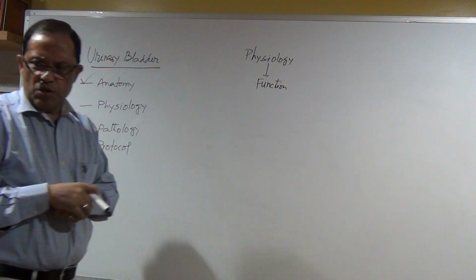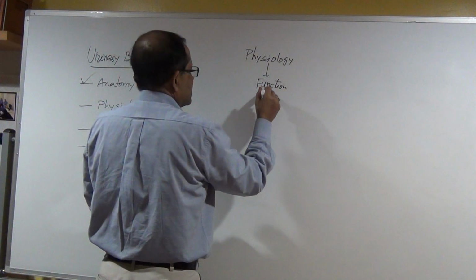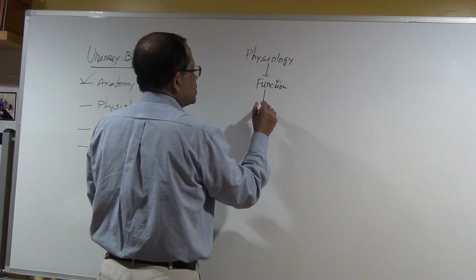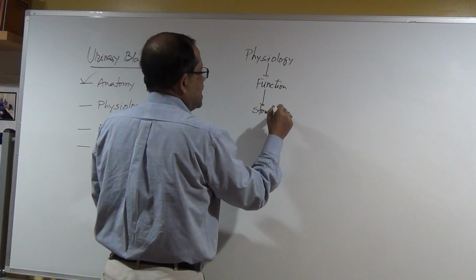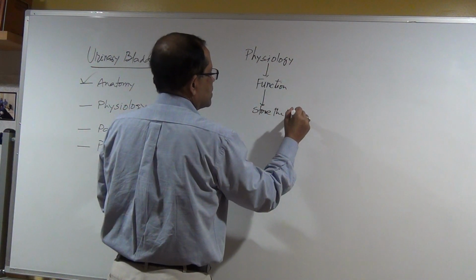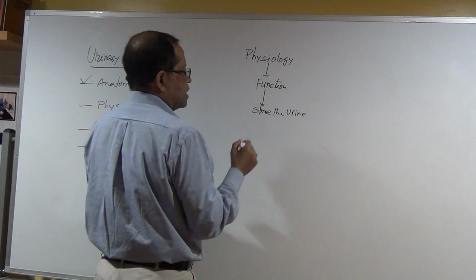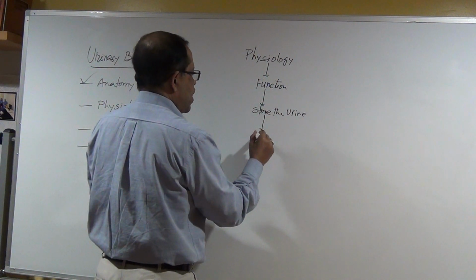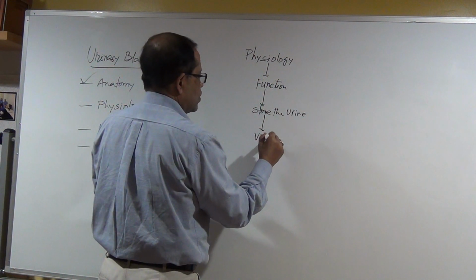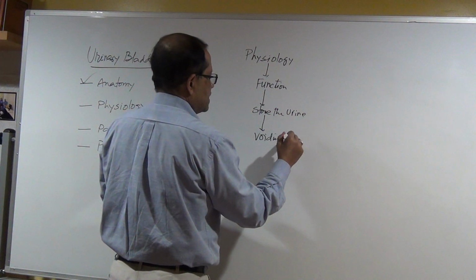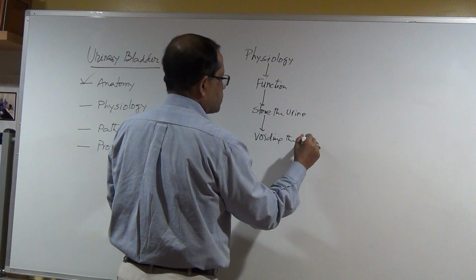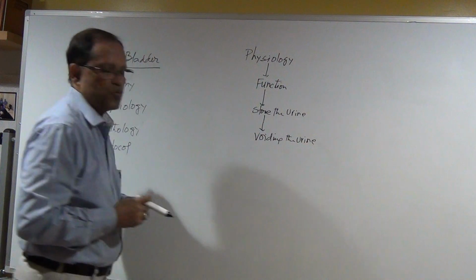Physiology means function. What does the bladder do? Bladder stores the urine. Then it helps in voiding the urine. Voiding means what?